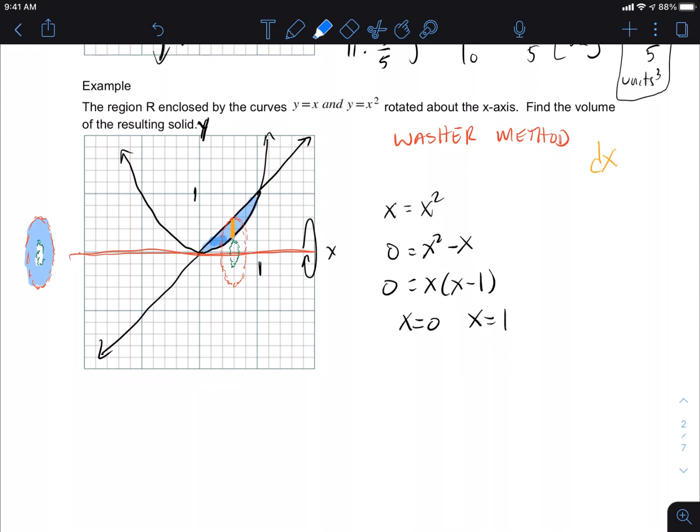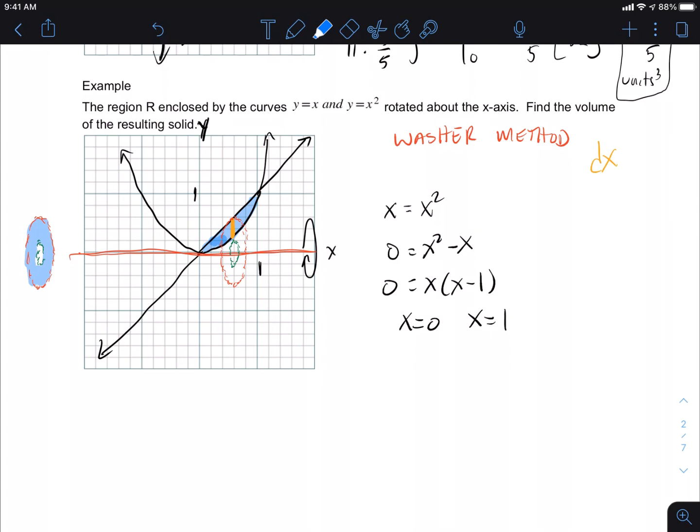Oh, well, if you've ever worked with cars or built anything, that's called a washer. You guys have seen a washer before? Yes. Donuts are cool too. I like donuts. But it's called the washer method because it looks like a washer.